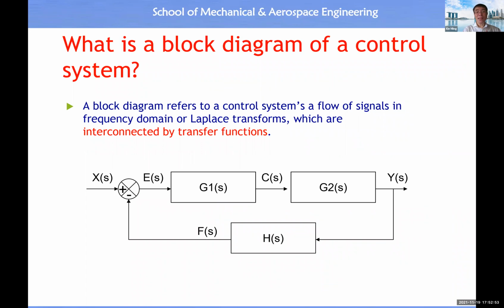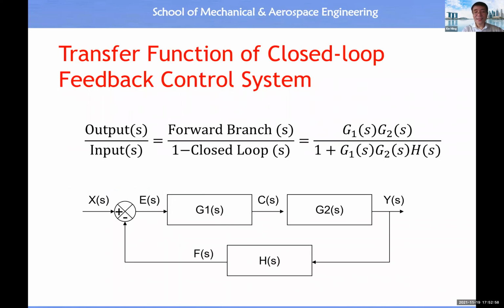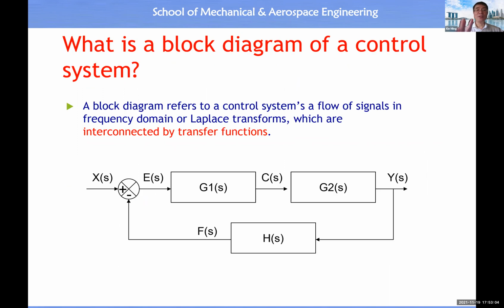Actually, when you see this diagram, this is already a block diagram. So now we give you a formal definition. What is a block diagram? A block diagram basically refers to the signal flow in frequency domain, or flow of a Laplace transform in frequency domain, which are interconnected together.